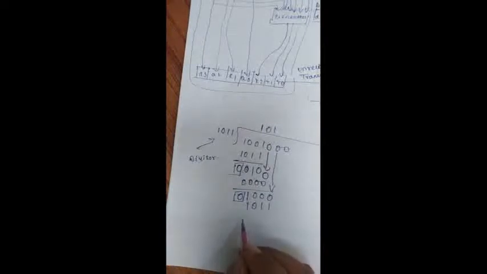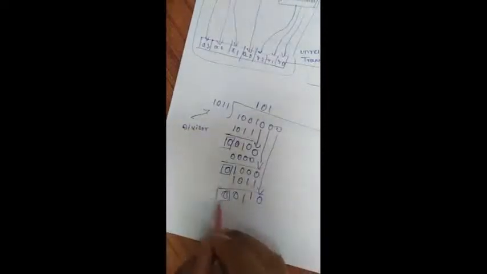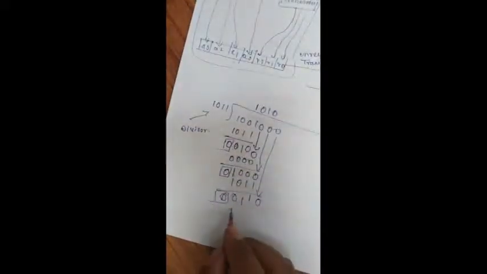Then 0 0 1 1 0 1 1 0 0 0 0 0 0. This value I will put down. The first one we do not consider, so we see the next one. Here we have a 0, so the quotient is also 0. Everything will be 0. What output did we get? 0 0 0 1 0 1 1 0 1.